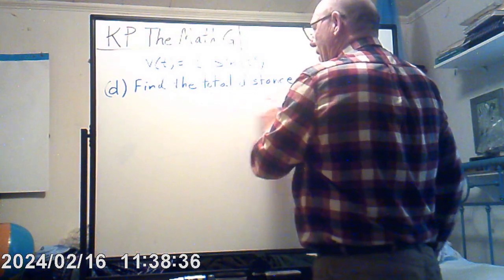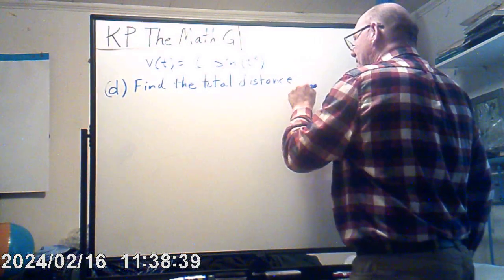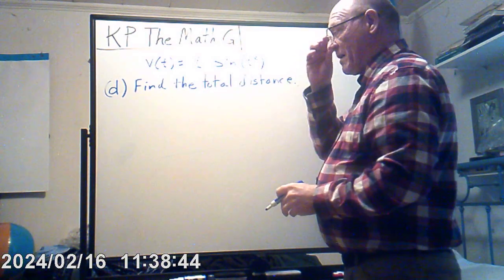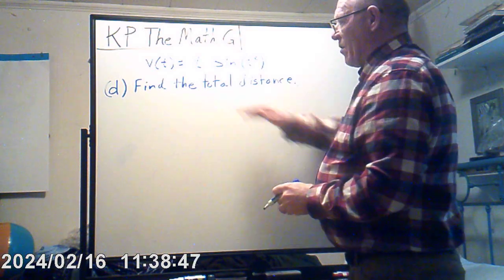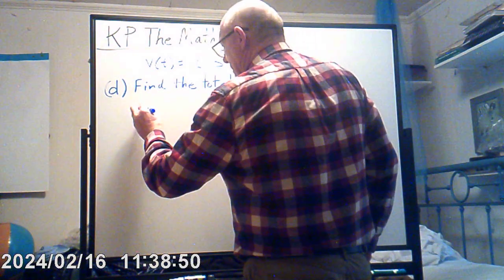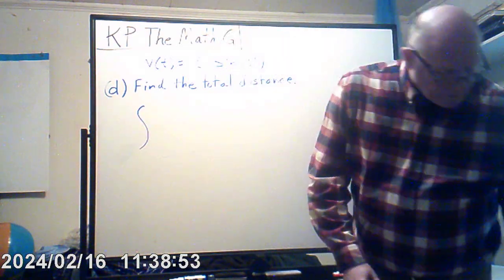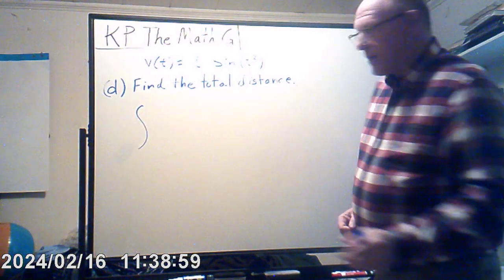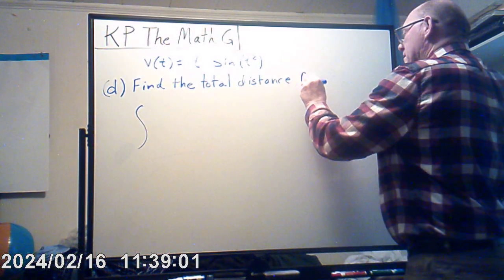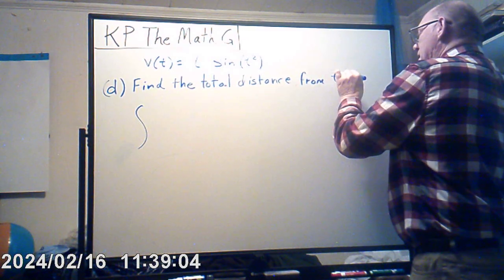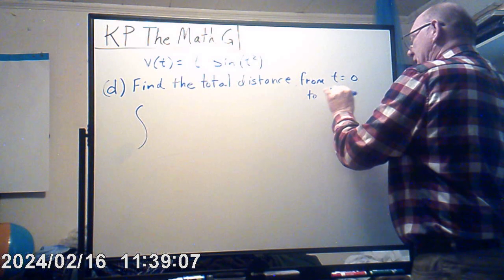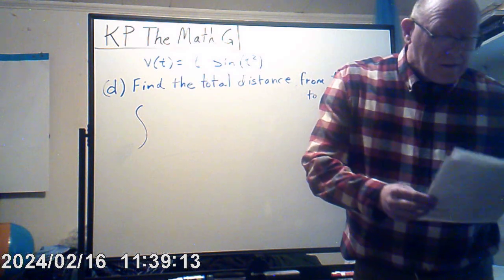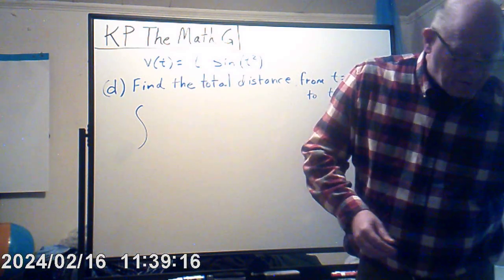Now, for total, I want the absolute value, because some parts of the graph may be below the t-axis, and that would be negative. And we do need it from t equals 0 to t equals 2. I do believe that's what it's asking for. Yep, that's right.